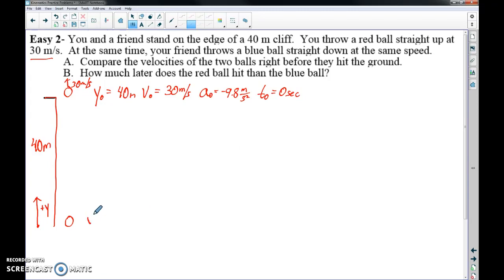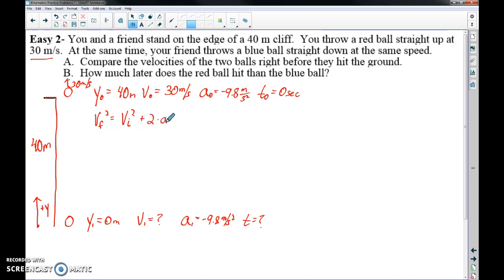At the end, my y value is 0 meters. I don't know my velocity, that's what I'm going to solve for. My acceleration through this whole trip is a negative 9.8 meters per second squared, and my time we don't know either.